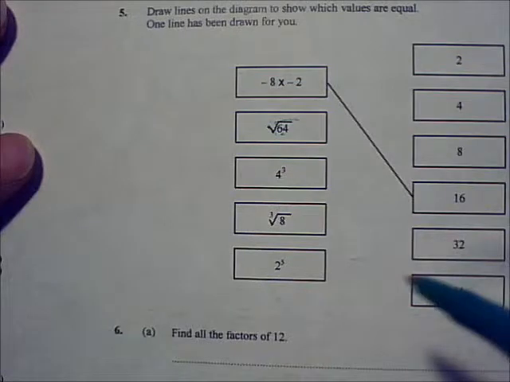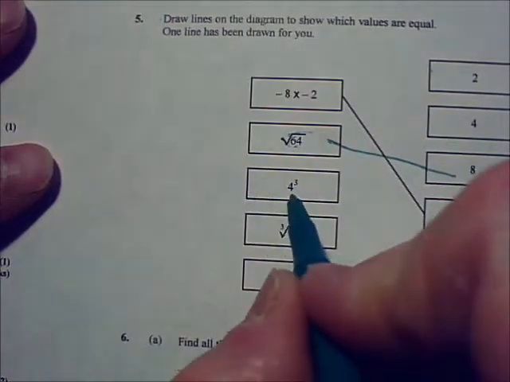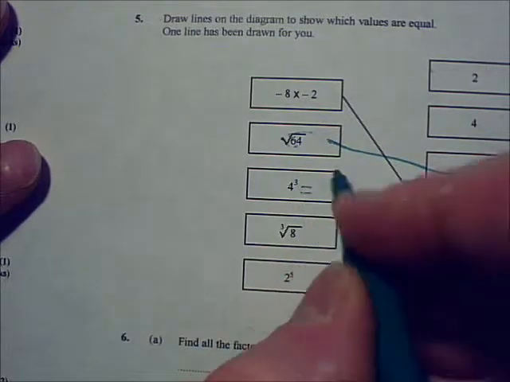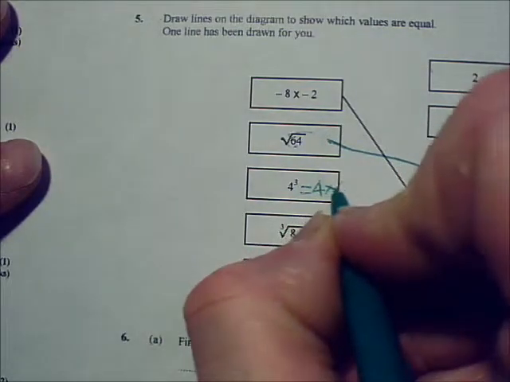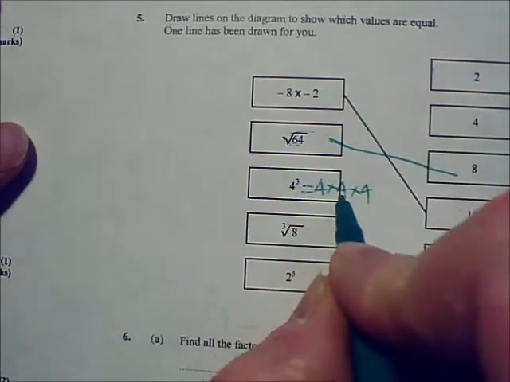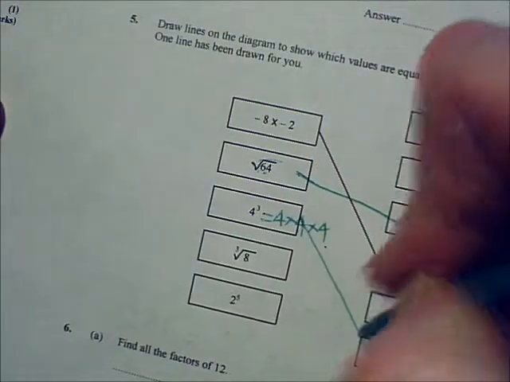And 64 is 8 times 8. Then 4 to the power of 3. What does that mean? 4 times 4 times 4. 4 times 4 is 16, and 16 times 4 is 64.